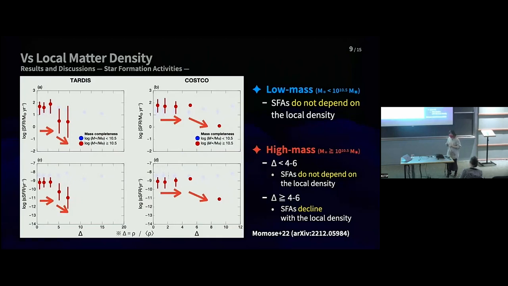So it's a very different tendency from the low mass galaxy sample. It implies that although the mean star formation activity in high mass galaxies would be independent in low density environments, it gets lower in high matter density regions.